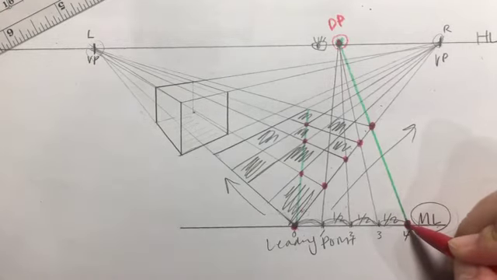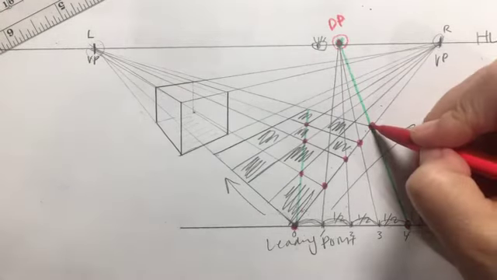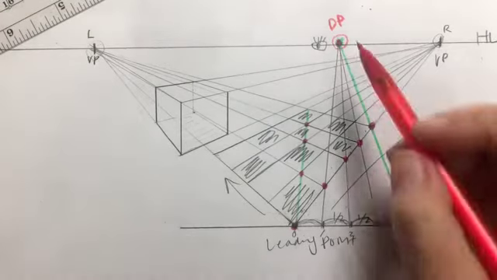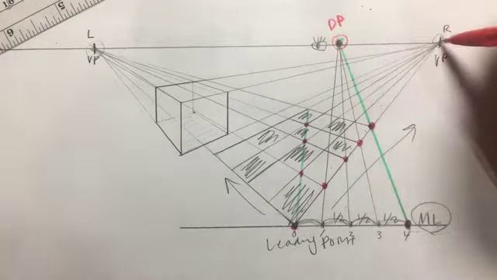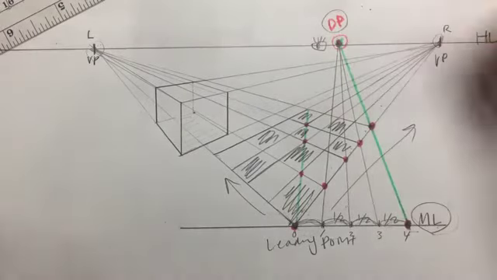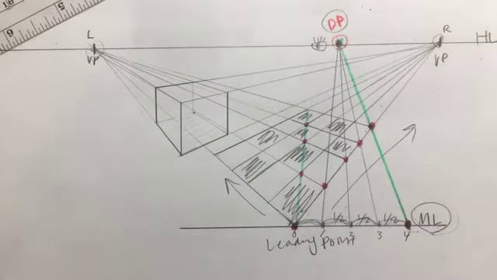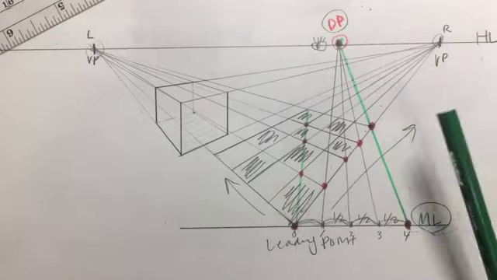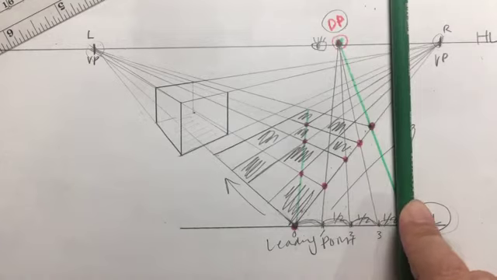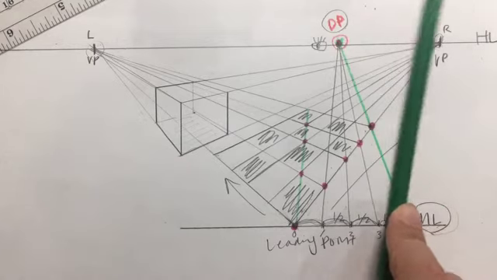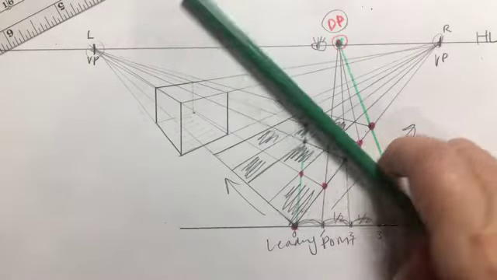Connect the last point to the back of the floor and extend all the way to the horizon line, and you get a diagonal point. Now this, depending on your setting, doesn't always look like this. Sometimes it goes straight up, sometimes it goes this way, sometimes it goes way over here.